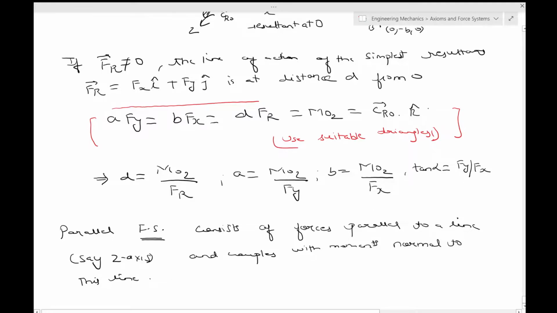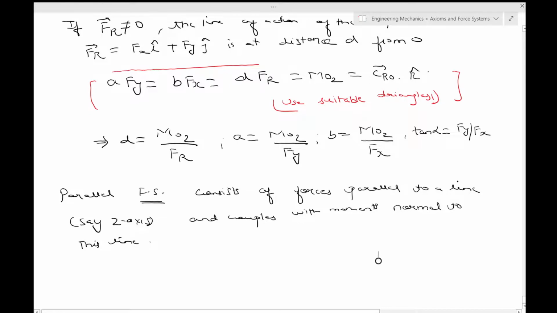Okay, so if it's normal to this particular line, then it will have components along the i and j, or x or y direction. So CRO dot FR is equal to MOX i hat plus MOY j hat dot FR k hat. This will be equal to 0. Okay.